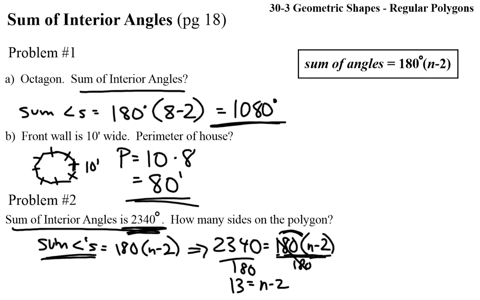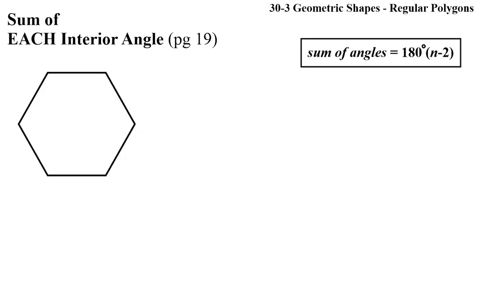Add 2 to both sides to get n by itself, and it would be a 15-sided polygon that has an interior sum of angles of 2,340. Working backwards looks tricky, but it's manageable. So this little formula is nice for calculating the sum of all the angles in any polygon.